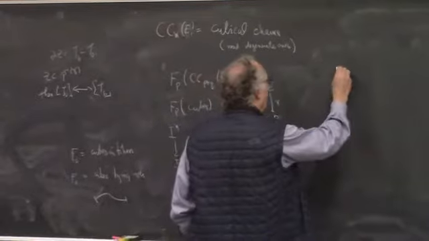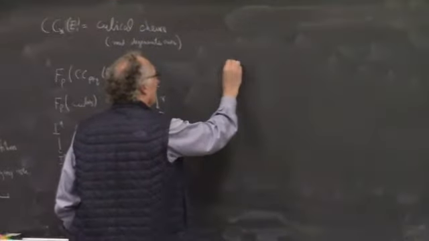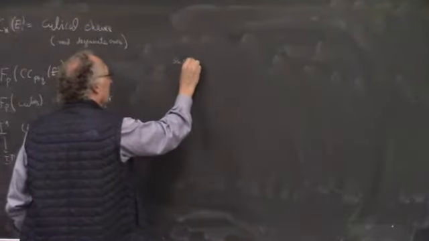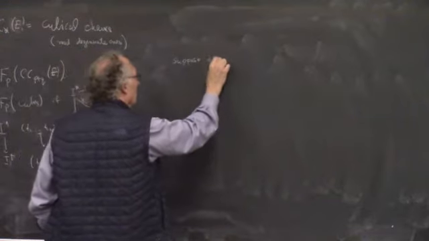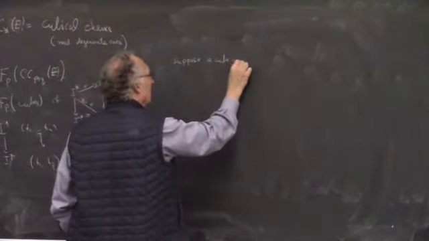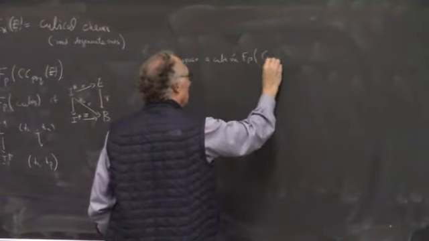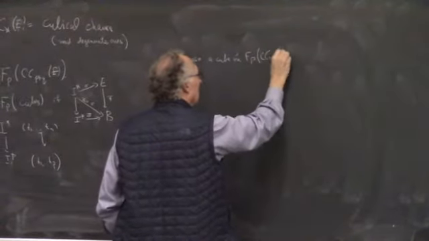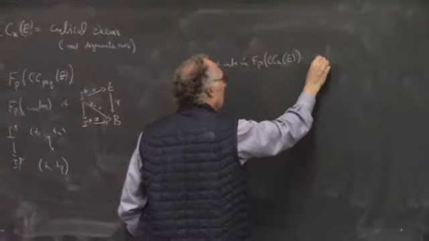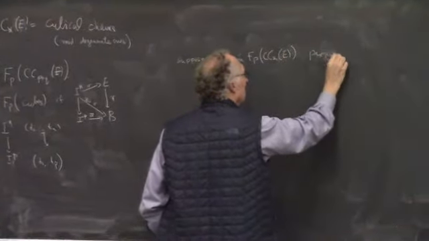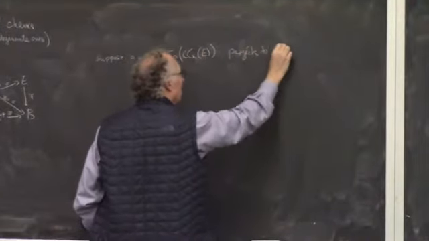But let's look at, suppose a cube in F_p of the cubes on E projects to a degenerate cube.